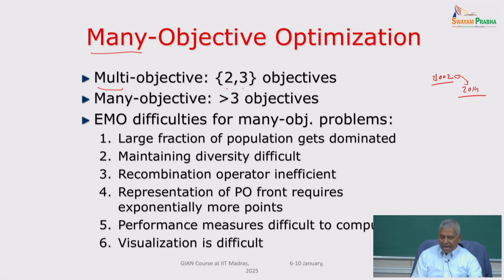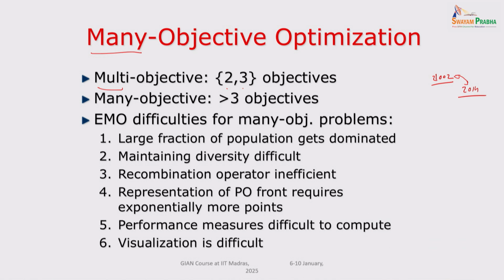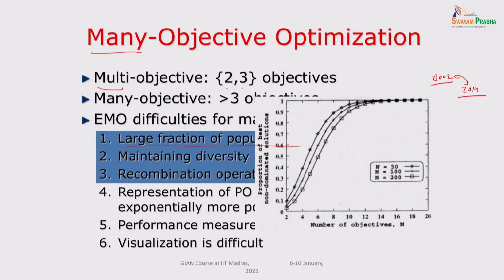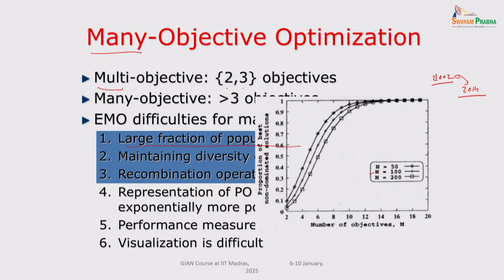So what are the difficulties? One I already mentioned, but there is another reason why multi-objective algorithms do not work for many objective problems, and that is that a large fraction of the population gets dominated. Let me explain with a figure here. This figure is generated based on a random initial population. Let's say I've randomly created 100 members with 2 objectives.